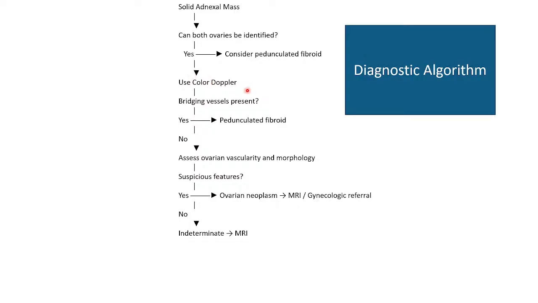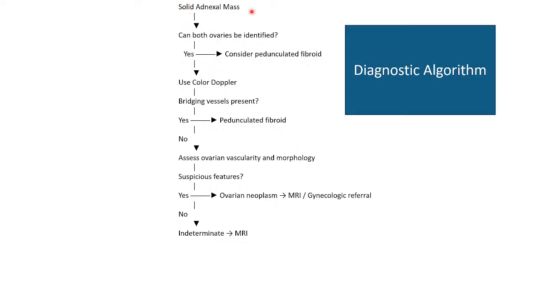Use color Doppler. Bridging vessels present? If yes, pedunculated fibroid. If no, assess ovarian vascularity and morphology. Suspicious features? If yes, ovarian neoplasm, MRI or gynecology referral. If no, indeterminate, then use MRI. This algorithm is very, very critical.